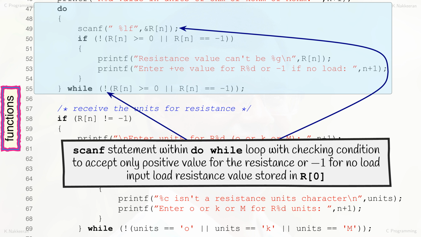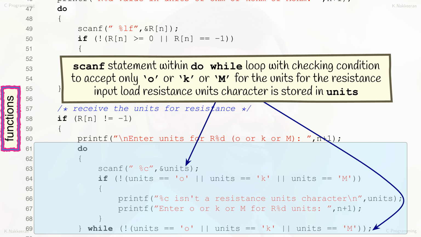Lines 47 to 55 are the do while statement that includes the scanf statement in line 49, written with the appropriate checking condition within parentheses in line 55 to accept only a positive value for the load resistance, or -1 if no load is connected. The input load resistance value is stored in the memory location of the first element of the double type array R. Lines 61 to 69 are the do while statement that includes the scanf statement in line 63, written with the appropriate checking condition within parentheses in line 69 to accept only a character among O, K, or M for the load resistance units.